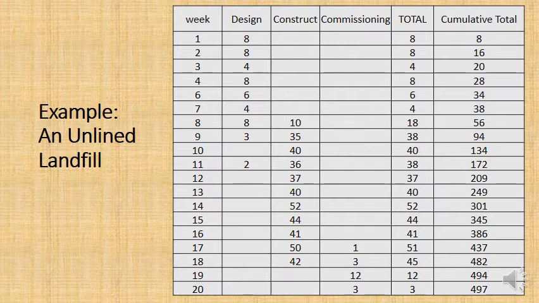Now, how do we determine that? Well, we basically look at the work packages. We know what the budget is for each of the work packages, and we know what week those work packages are happening in. And with that, we can add all of that up, and then we can make a total cost. So in week 9, for example, you've got 3,000 in design, 35,000 in construction.